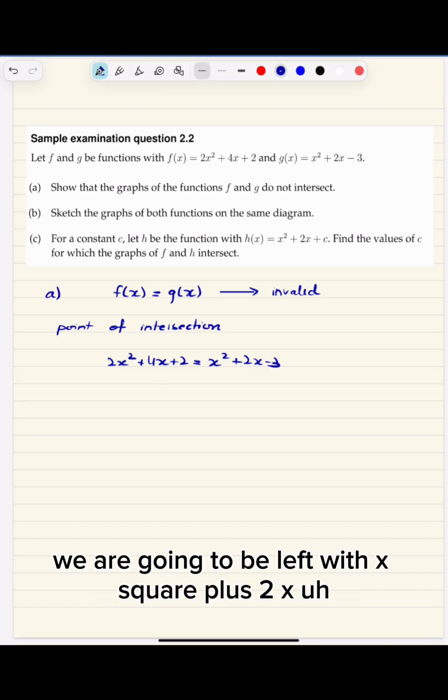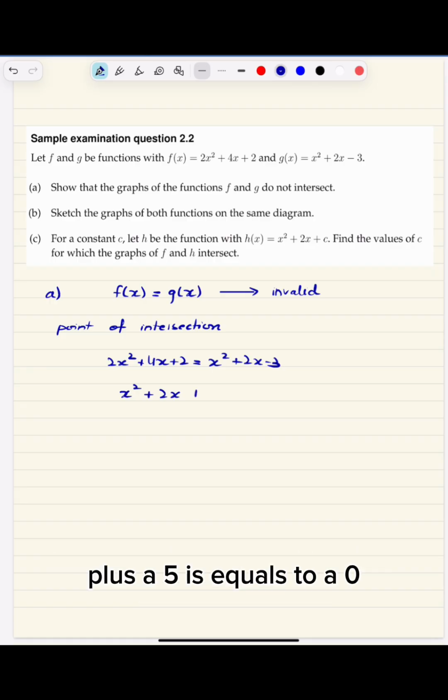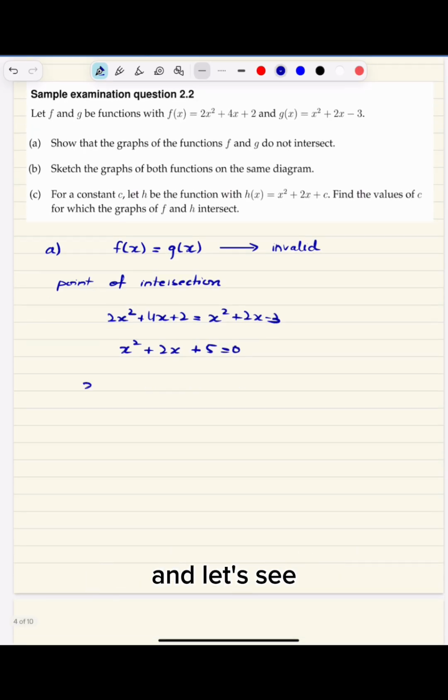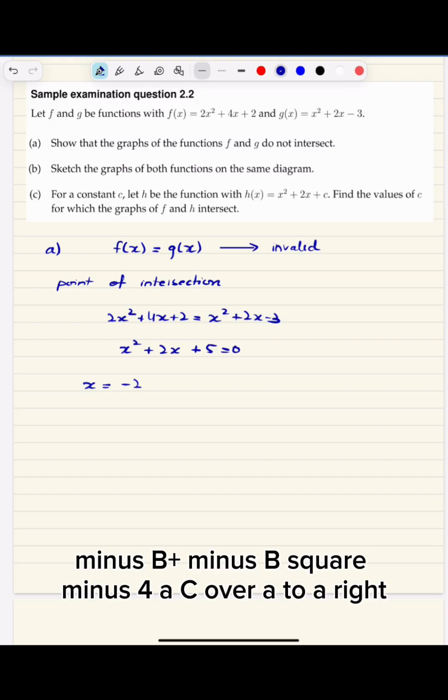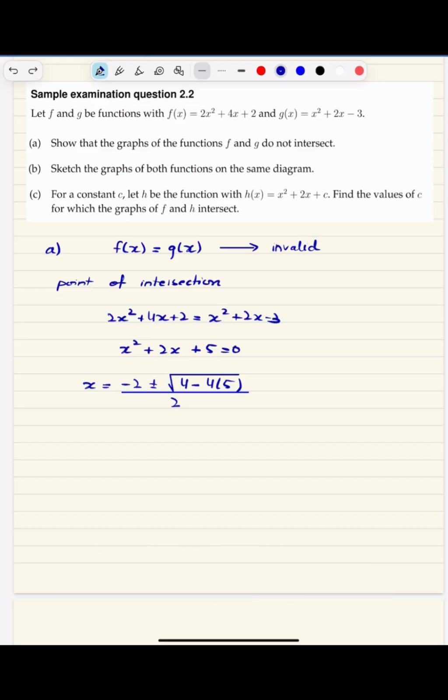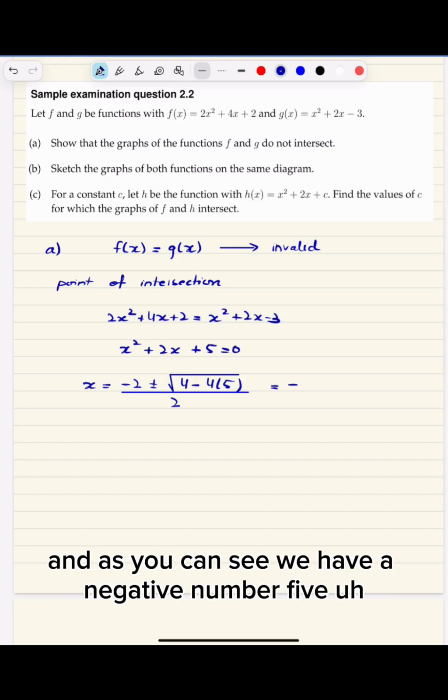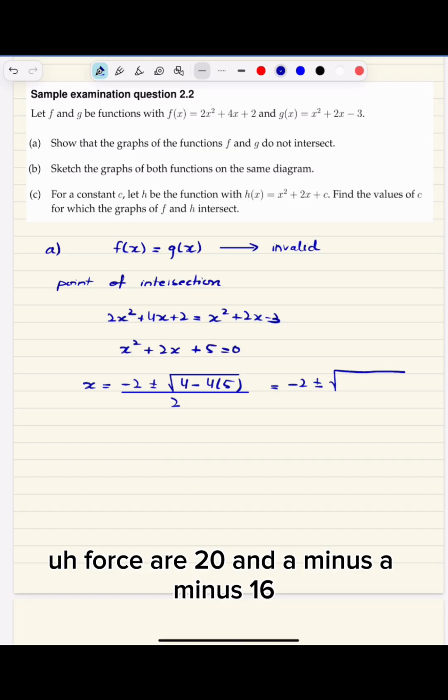So we're going to be left with x squared plus 2x plus 5 equals 0, and let's see, x equals minus b plus or minus the square root of b squared minus 4ac, over 2a, right? And as you can see, we have a negative number: 5 fours are 20, minus 4 is minus 16.